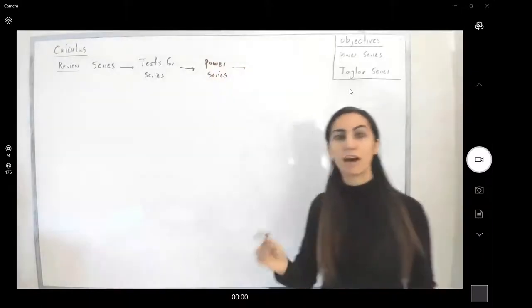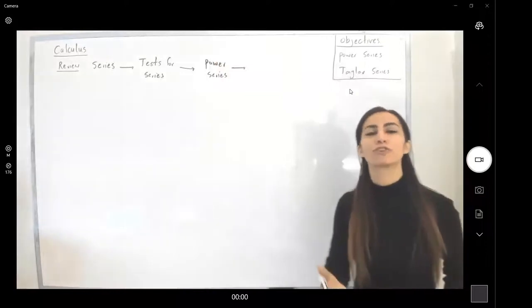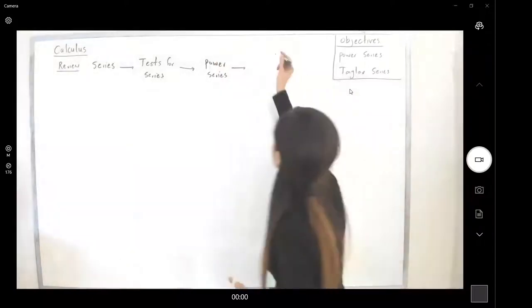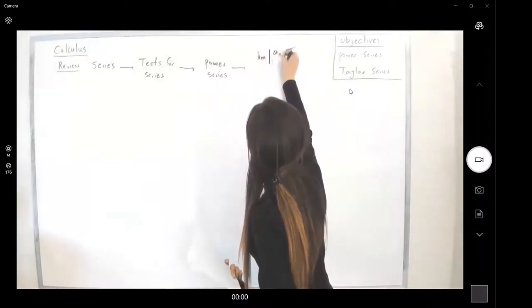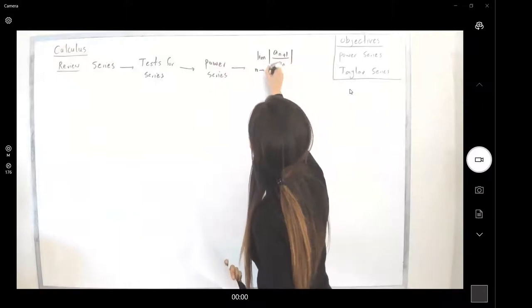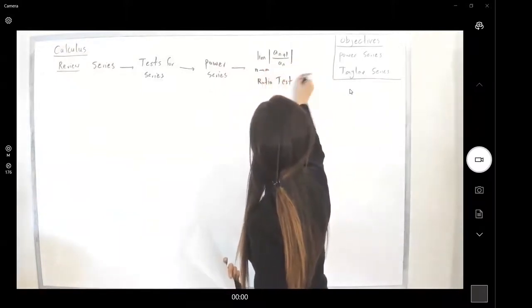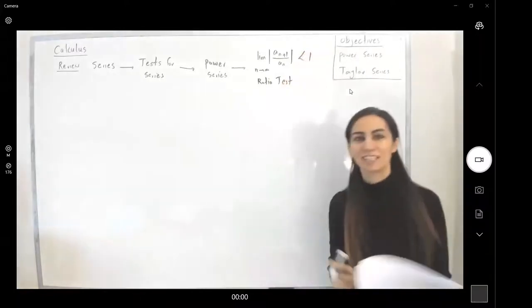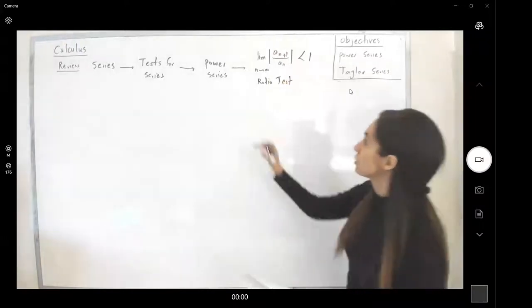We talked about power series. We're interested in analyzing power series for their convergence. So we defined R using the ratio test to analyze the radius of convergence, the interval of convergence.